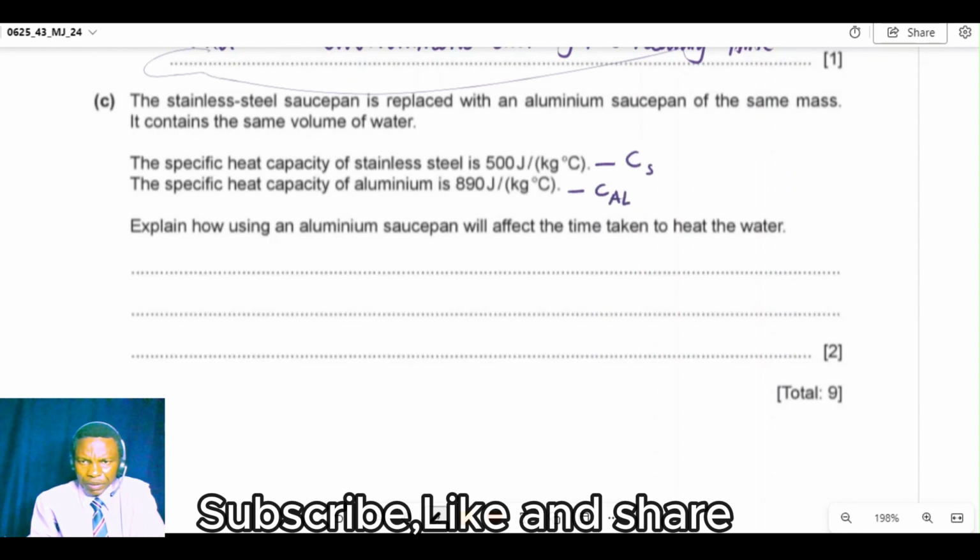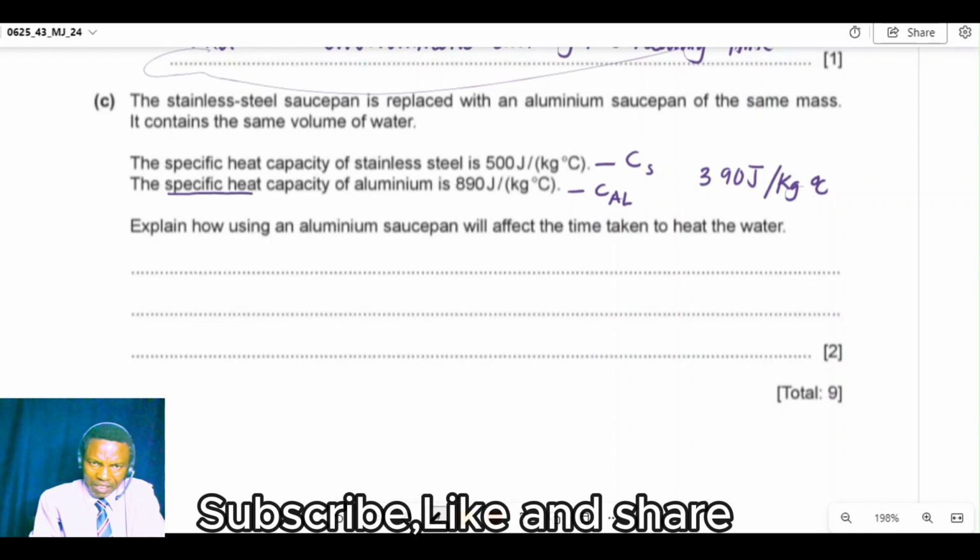The difference is 390 joule per kilogram per degree Celsius. Okay, so you see that aluminium has a higher specific heat capacity. Now let me just explain what we mean by specific heat capacity.